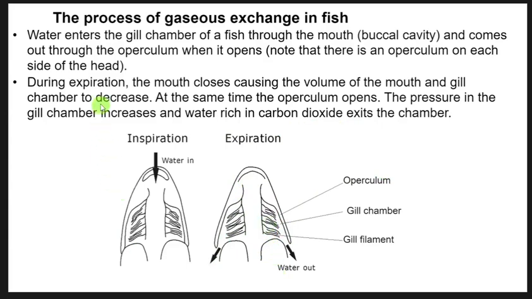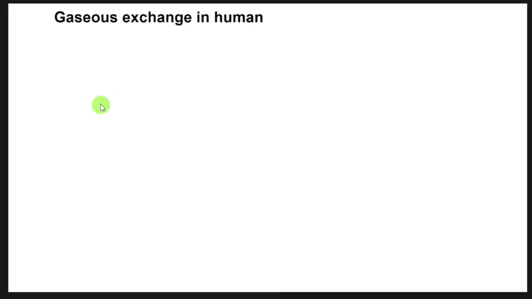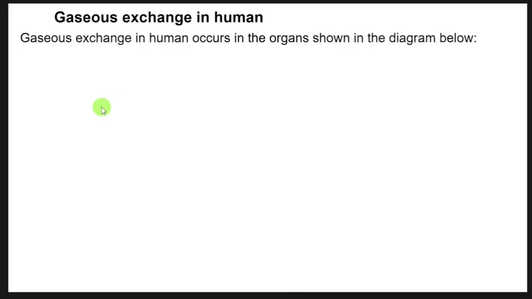All right, so let's look at gaseous exchange in humans. Gaseous exchange in humans occurs in the organs shown in the diagram below.